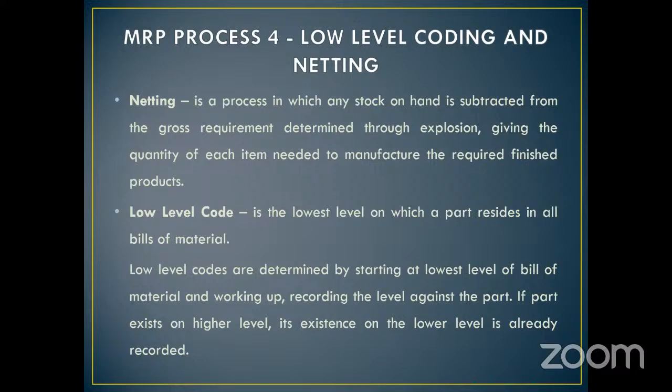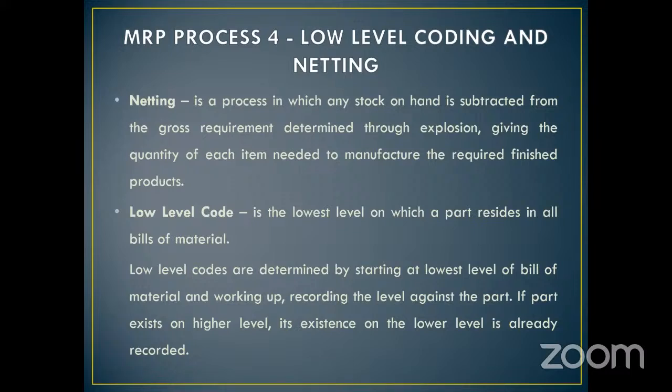Then we come to the level of codes. What does this level code stand for? It is a part that resides in all the bills of materials. So the bill of material consists of the low level code.